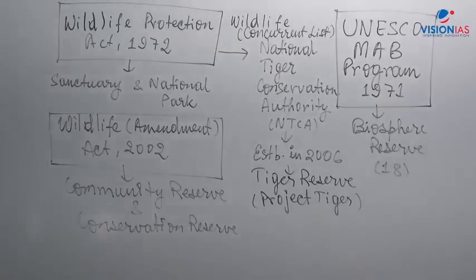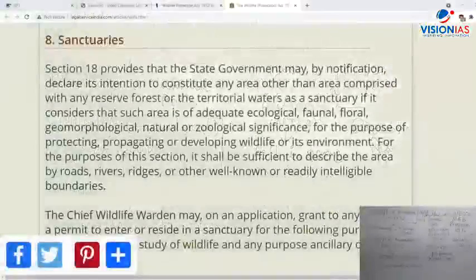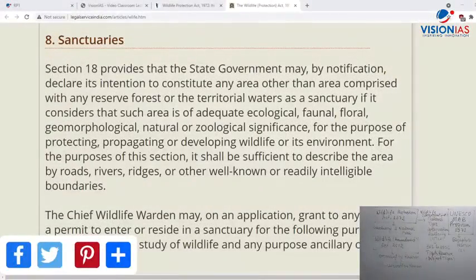Alright, now look here. Let me first explain something and then you will be able to understand. Sanctuaries. First understand sanctuaries. What is a sanctuary? Section 18.